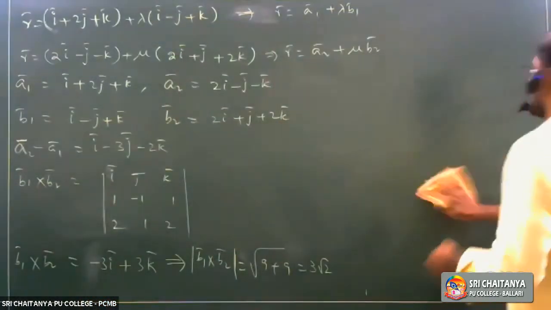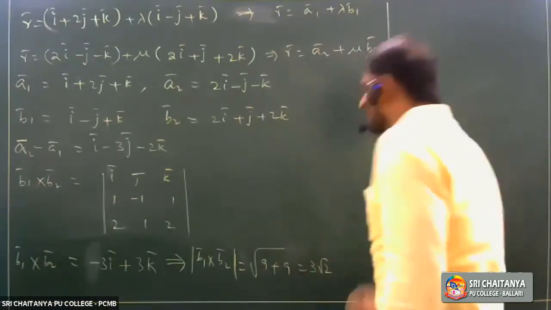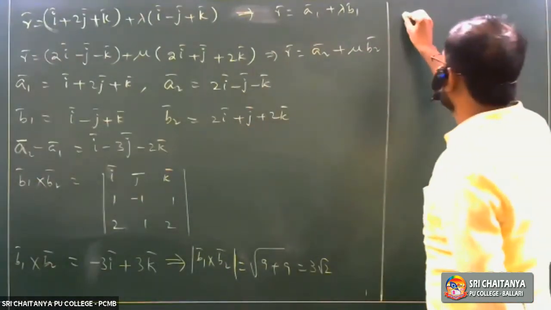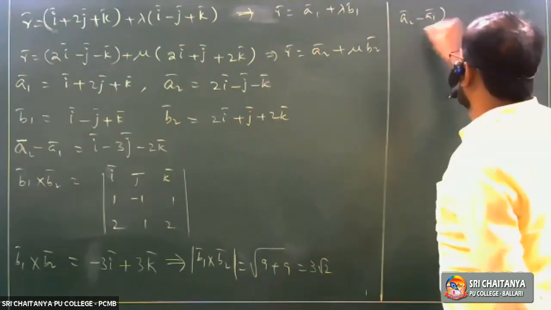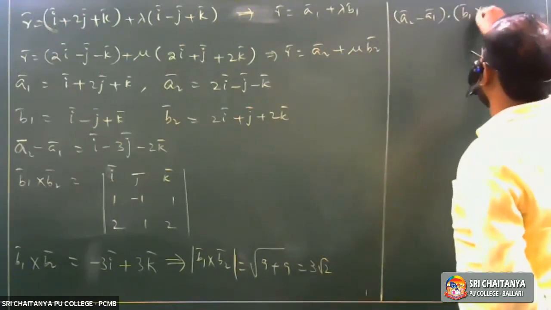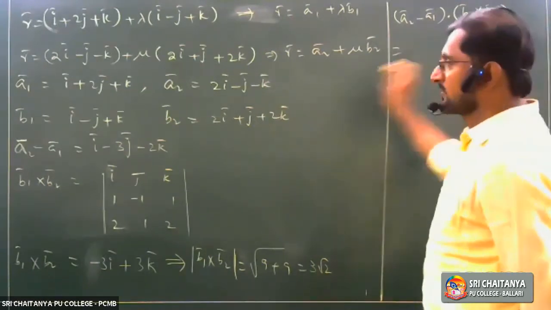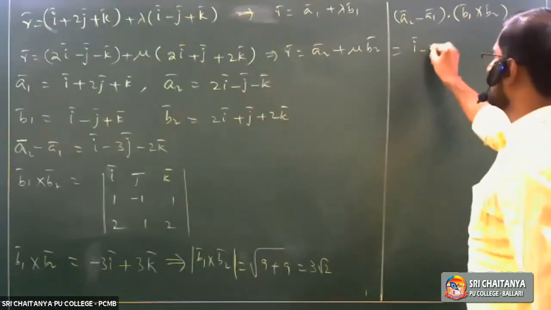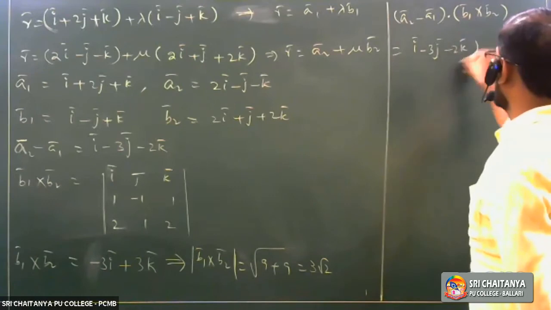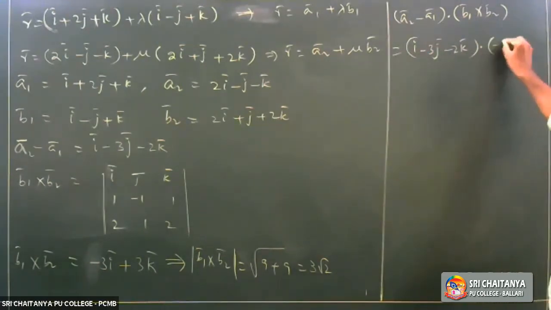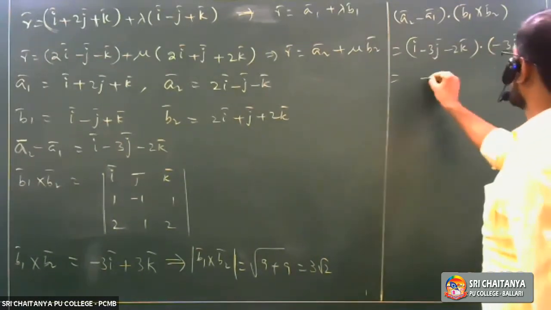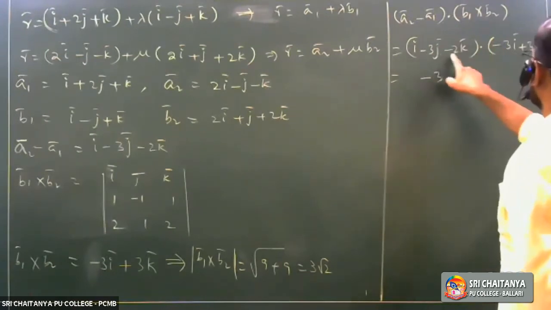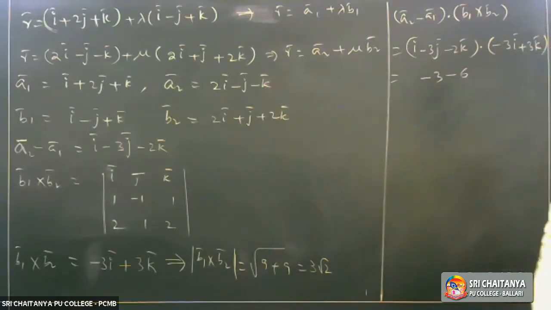Now, you got the magnitude. Just find out the value of A2 bar minus A1 bar dot B1 cross B2, which is this value, i bar minus 3j bar minus 2k bar, dot B1 cross B2, minus 3i plus 3k, which is equal to minus 3, and you are going to get minus 6, which is equal to minus 18.